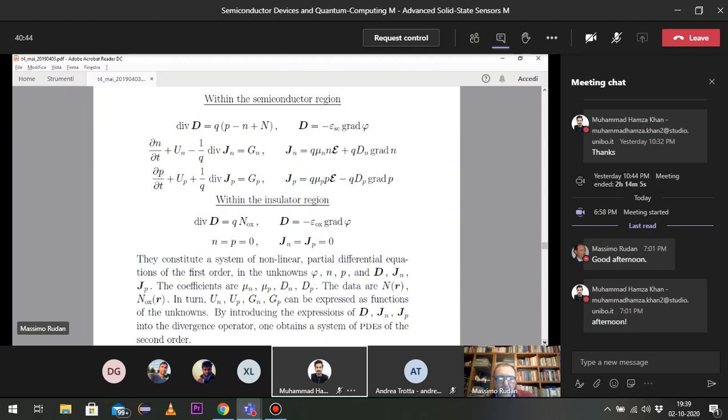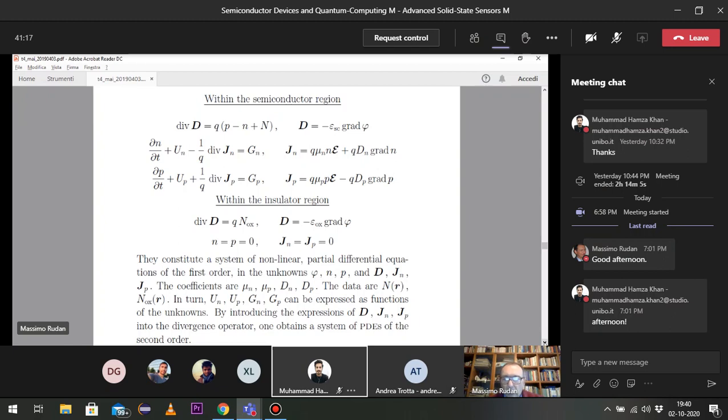Of course, the displacement vector D is not an extra unknown because it is proportional to the electric field, okay? These equations are non-linear because if you look at the drift diffusion equation, you see that in the equation for the electrons, we have the product n times E. So concentration of the electrons times the electric field.